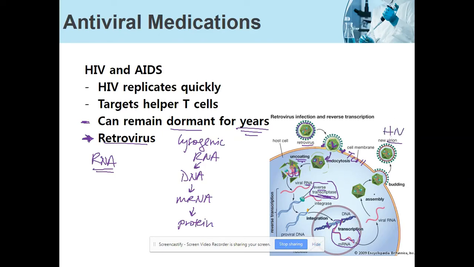HIV is the example we're talking about now. So the problem with this guy, reverse transcriptase, is he's a terrible, terrible enzyme. He doesn't do his job very well at all, which means that when we go from that viral RNA to the DNA, a lot of mutations are allowed. And these mutations mean that the proteins look a little bit different all the time.